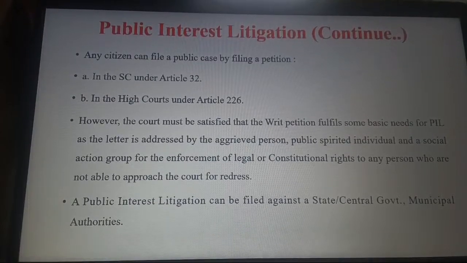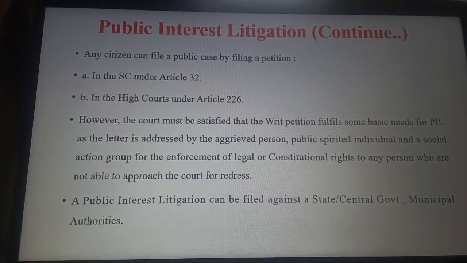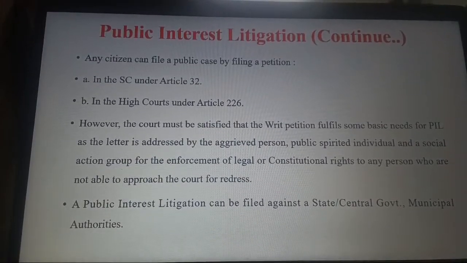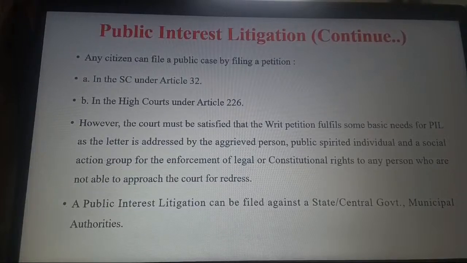Any citizen can file a public interest case by filing a petition in the Supreme Court under Article 32, or in the High Courts under Article 226.